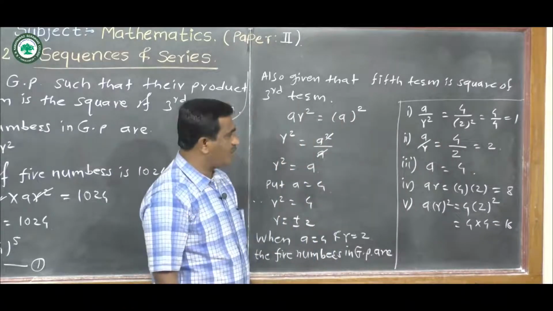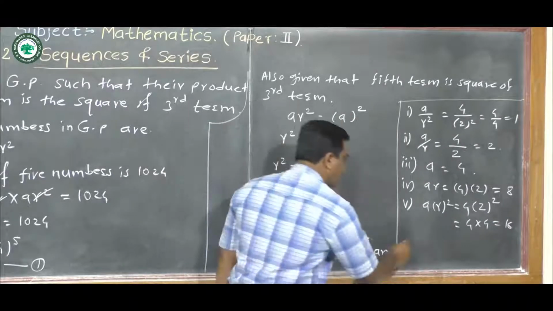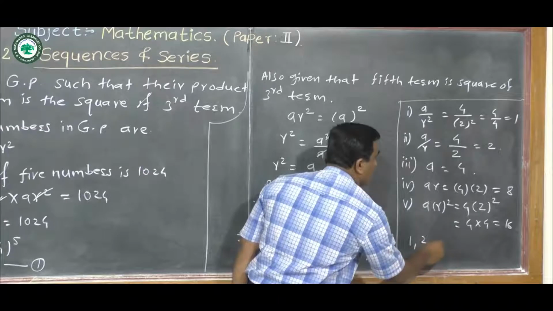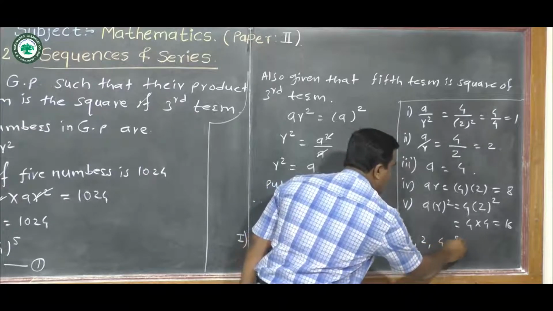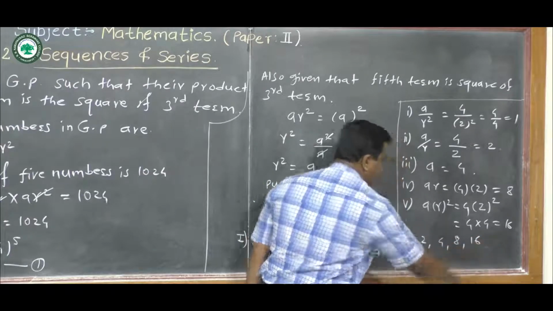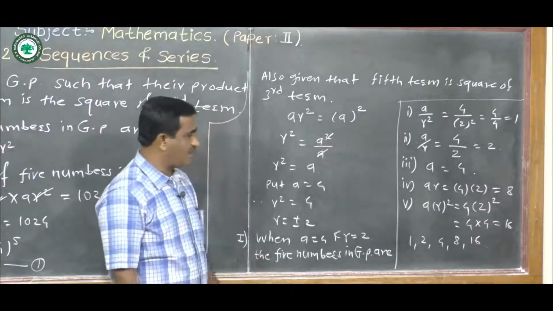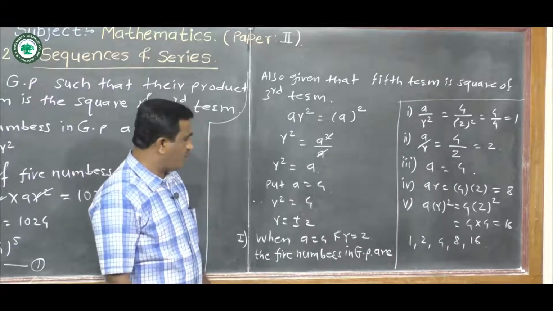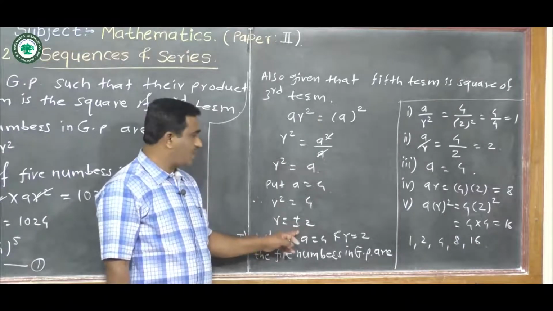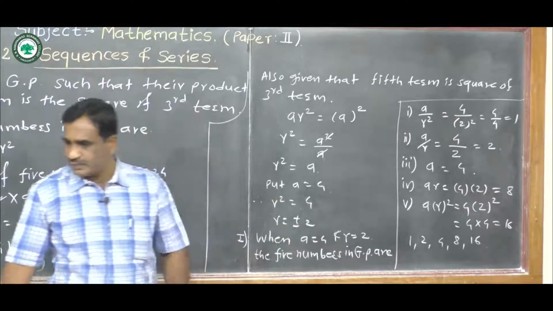Therefore, the 5 numbers in GP are 1, 2, 4, 8 and 16. These are the 5 numbers in GP. Now we use the value of r, r is equal to minus 2 and a is equal to 4.